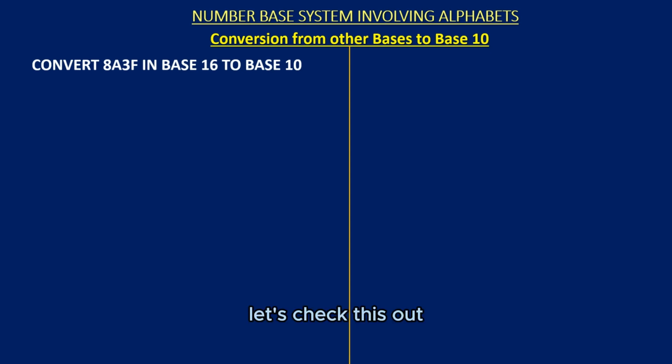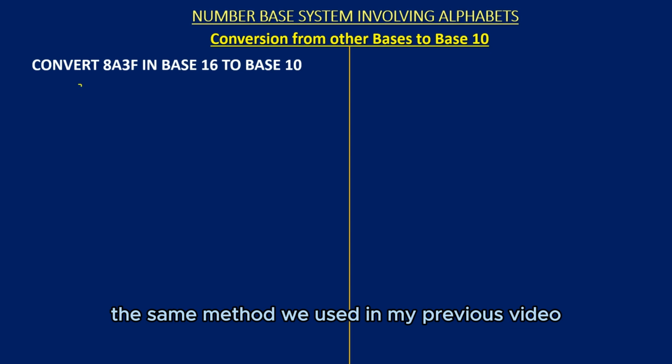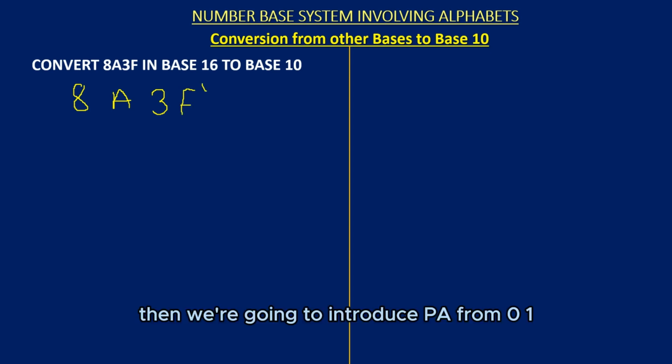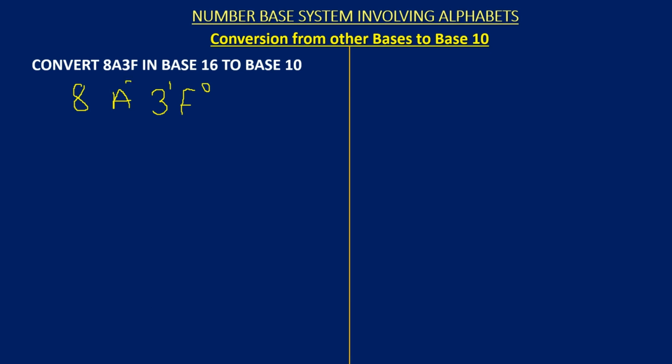Let's check this out. The same method we used in my previous video. We're going to write out the numbers 8, A, 3 and F. Then we're going to introduce power from 0, 1, 2, and 3.